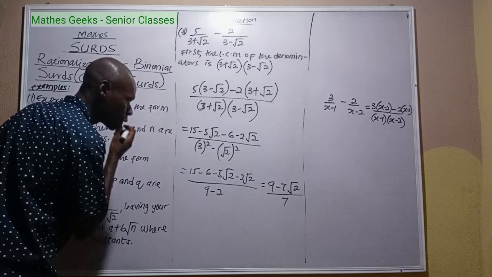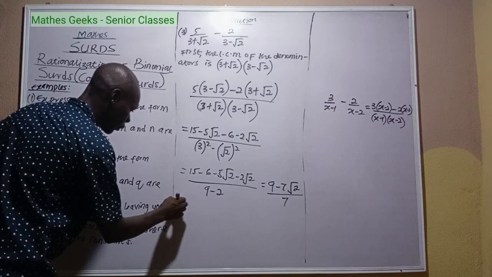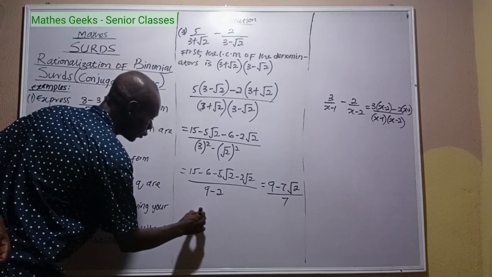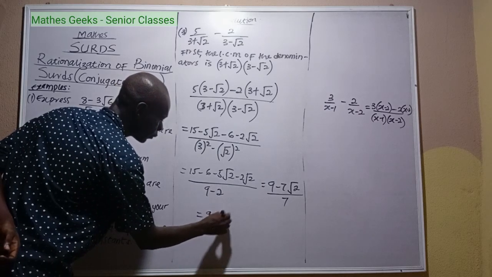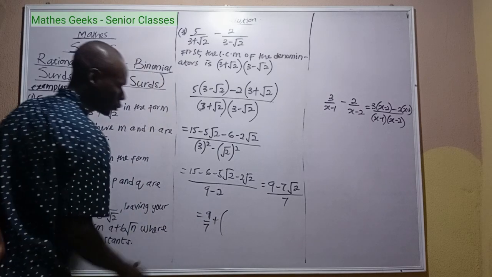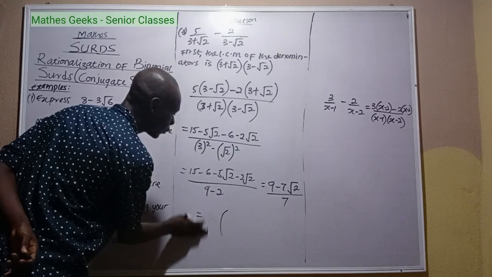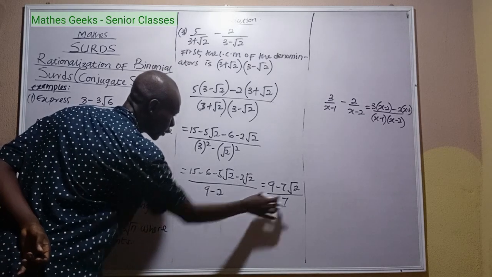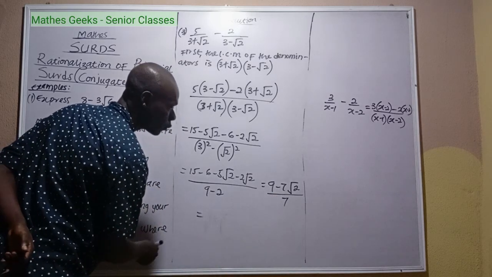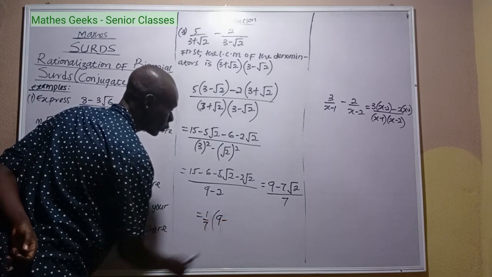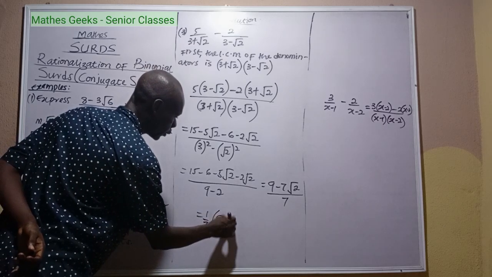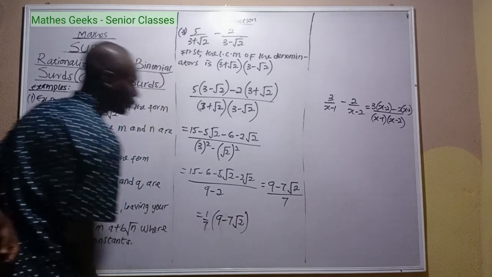So this will give us, simplify, so this is equal to 9 over 7 plus, let's see, let's factorize this. 7 is common. That will give us 1 over 7 times 9 minus 7 root 2.